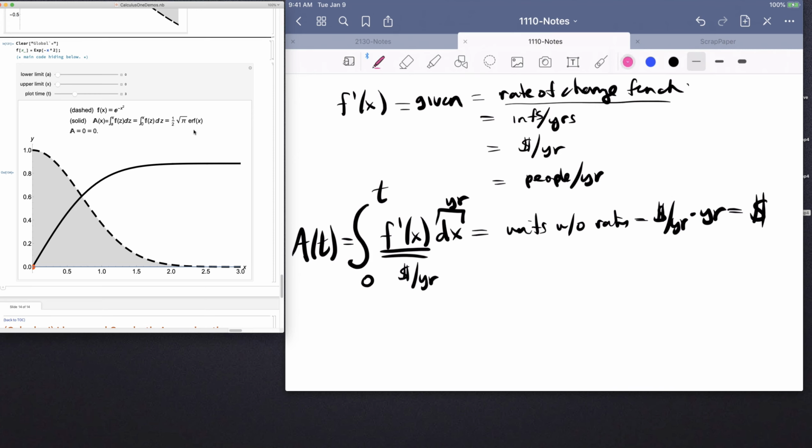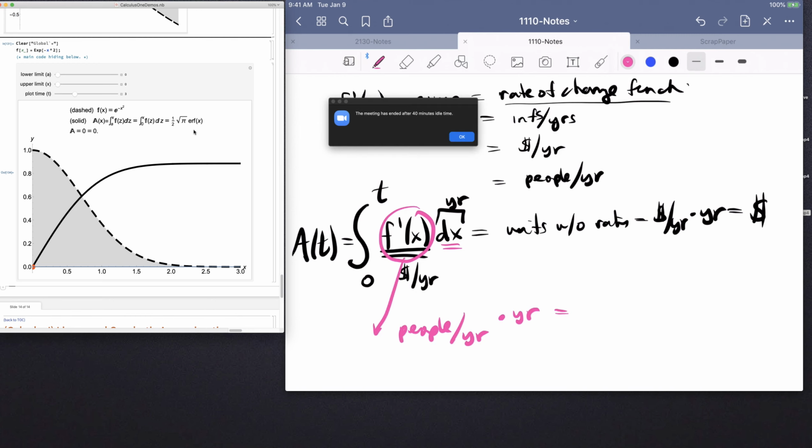Okay, if, for example, f prime of x was the population change, you would maybe have the birth rate, population of people growing per year, multiplied by years, which is this second entry. Then you would have the units of number of people.